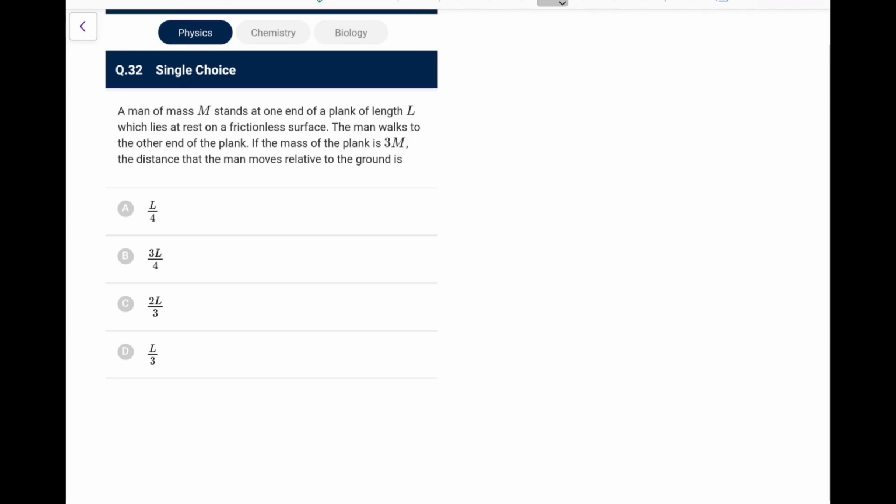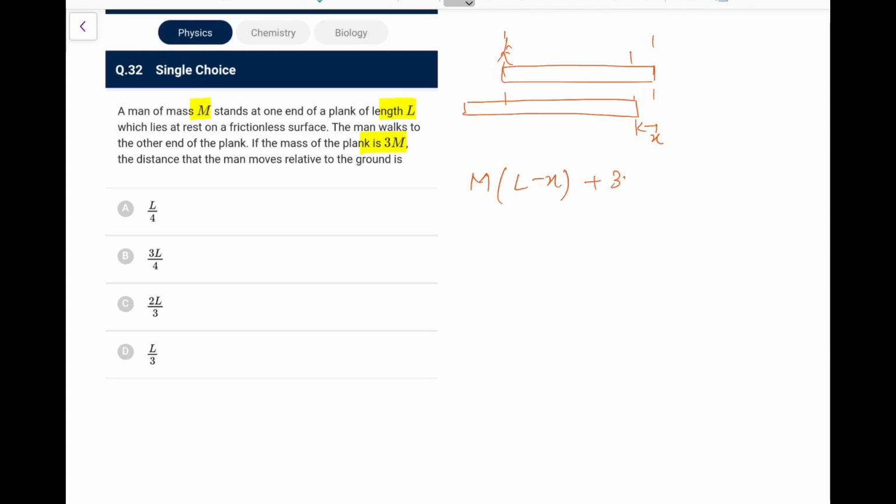Now going ahead, a man of mass capital M stands at one end of a plank of length L which lies at rest. If the man walks to the other end, and the mass of the plank is 3m, find the distance the man moves relative to the ground. You have done this question multiple times. This is the plank, this is the man. If the man goes relative to the plank like this, and let's say the plank shifts backward by distance x, then the actual distance moved by the man in the ground frame would be L minus x, plus the displacement of the plank, 3m times minus x, divided by the total, that is the shift of cm, and because there are no external forces, cm won't shift, so this is 0.